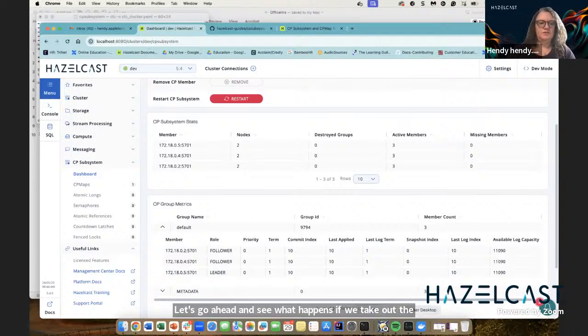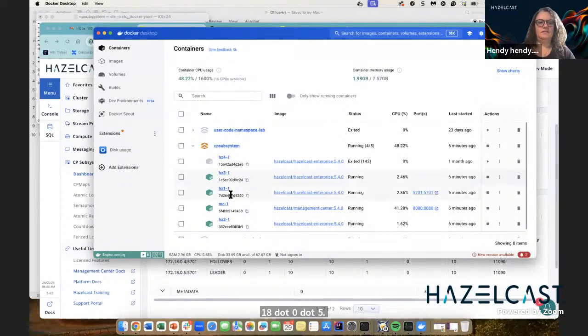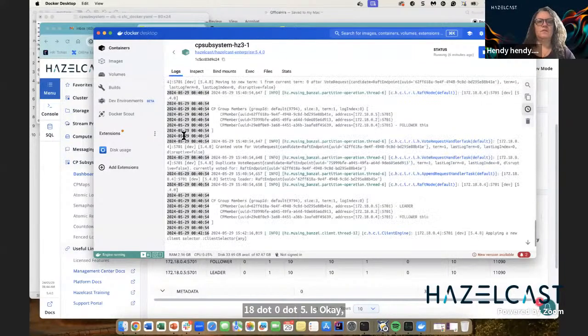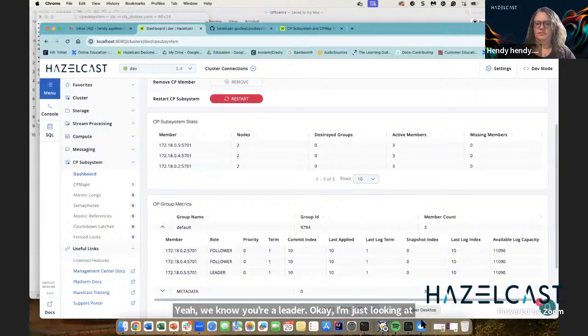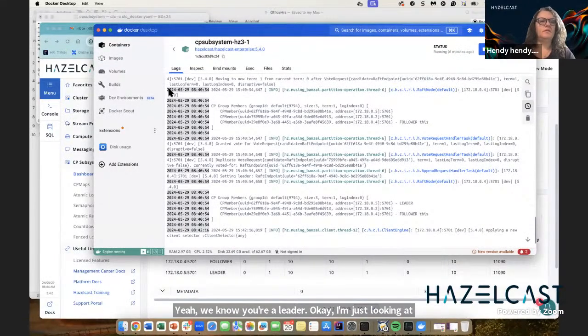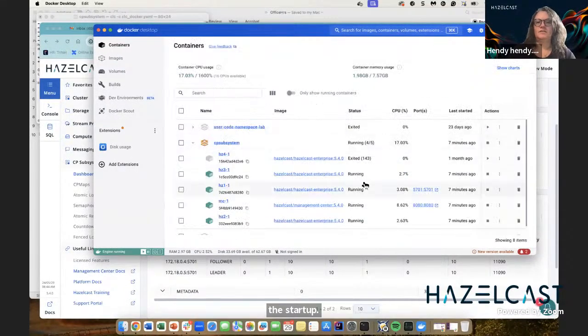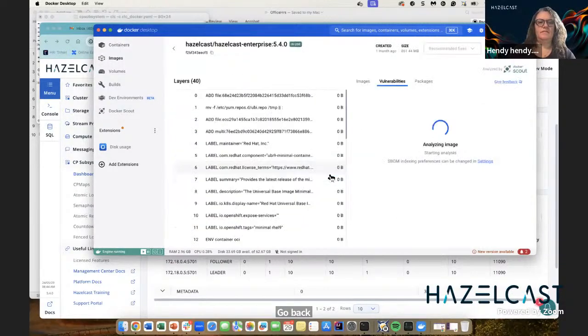All right. So I'm going to go over to Docker. 18.0.5 is, okay, which one are you? Yeah, we know you're the leader. Okay, I'm looking at the startup. Go back to containers. Come on, I know what I'm looking for.